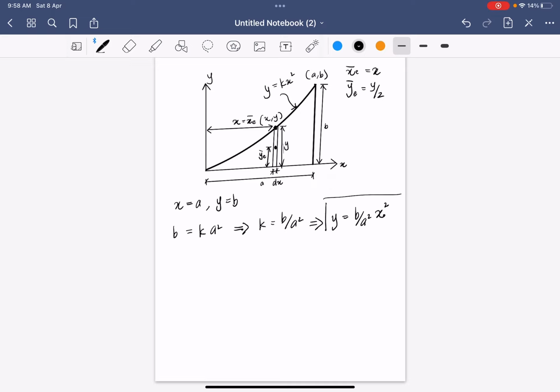So we will work out the following steps by using this equation.